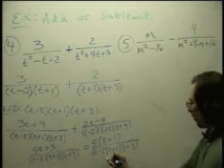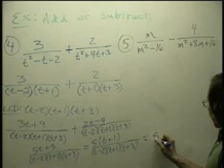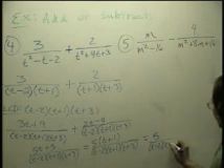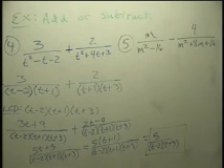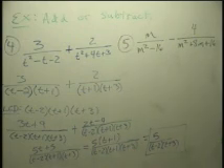And I end up with just 5 over t minus 2 times t plus 3. Okay? So occasionally, you will be able to do a little reducing at the end. Not always, though.